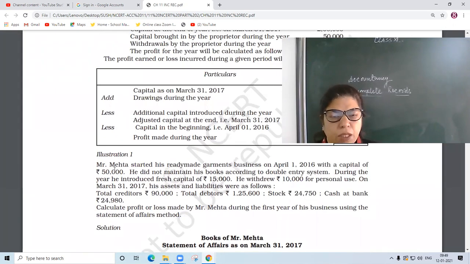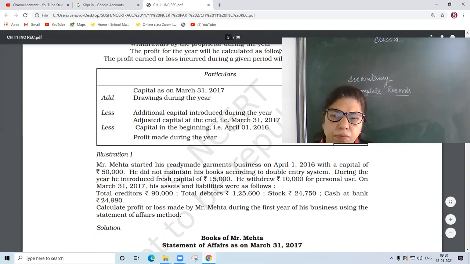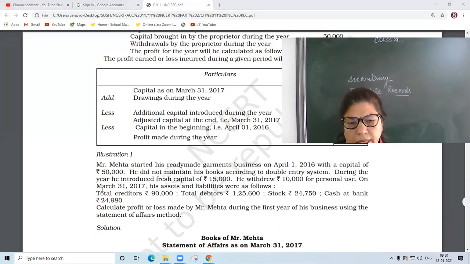You want to note down the question? Okay. See. Opening capital given, additional capital given, drawings given, and closing assets and liabilities are given.